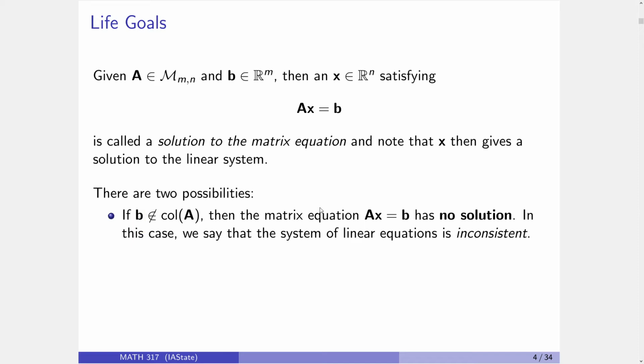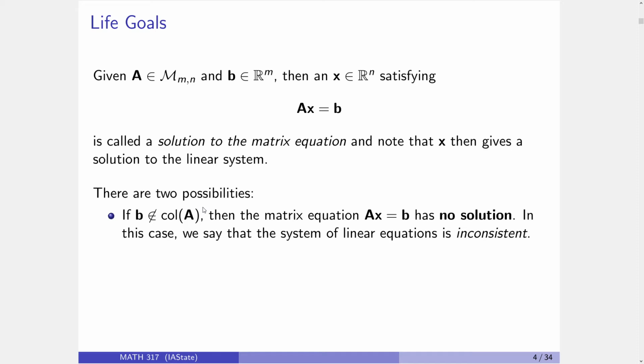All right. So right off the bat, we've got a super easy test to tell us if we actually have a solution or not that does not care about what X is, right? It just simply is asking, does this live in this set? If it does, then hooray, we can actually find a solution. If it doesn't, then there is no solution, and in that case, the system is then called inconsistent.